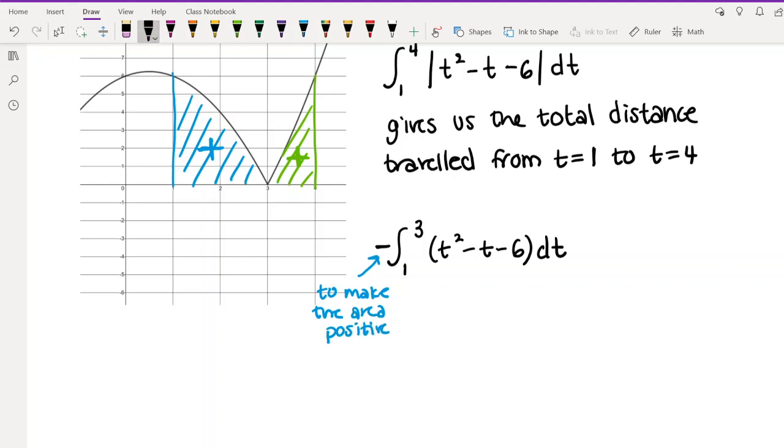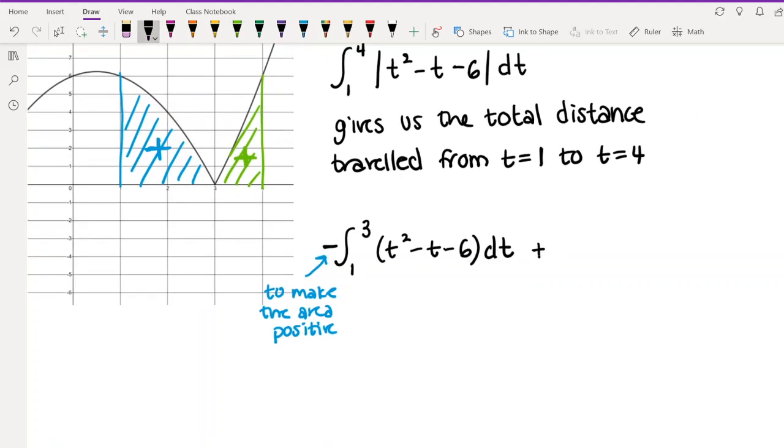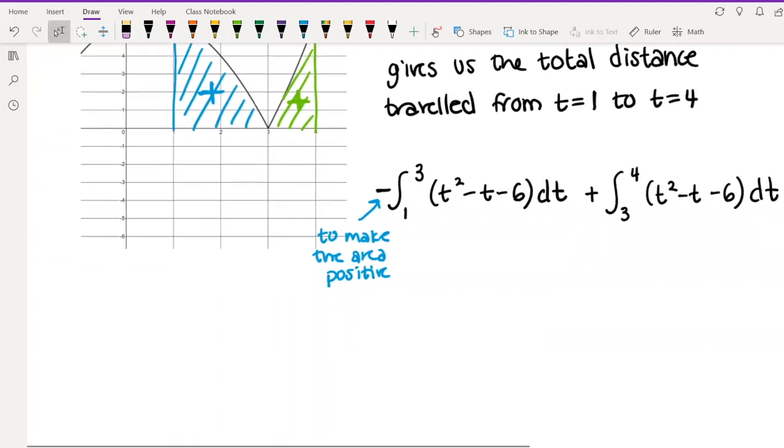And then we'll add to that the integral from 3 to 4. And that one we don't need to switch the sign because it's already positive. Okay, so let's see what we get for these. So again, we're just going to be evaluating the same integral, but now we're flipping the sign of one of them.